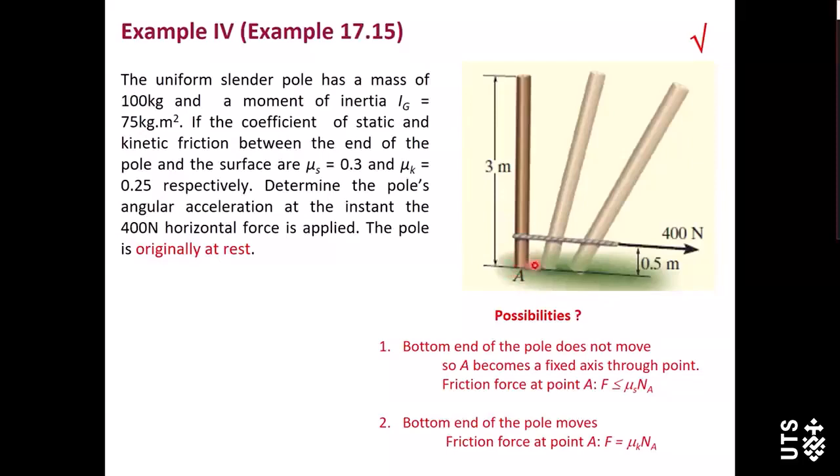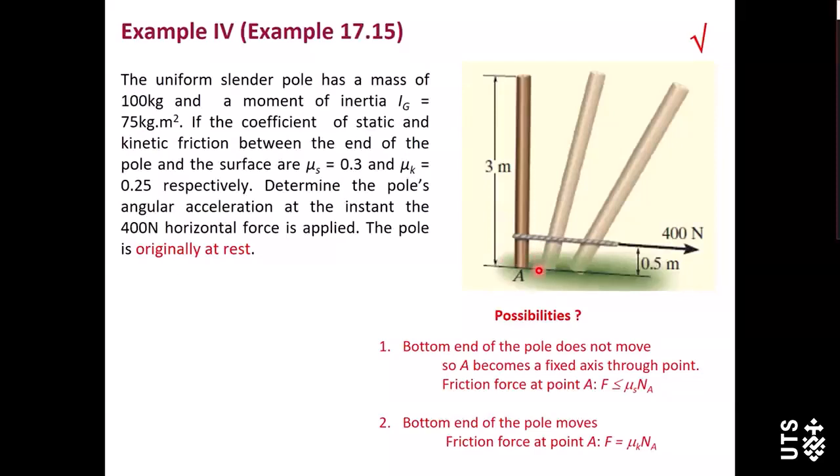The bottom end of this rod does not move, and this rod will be falling down. So this means point A becomes a fixed axis through point. This rod will be undergoing a rotation about this fixed axis.